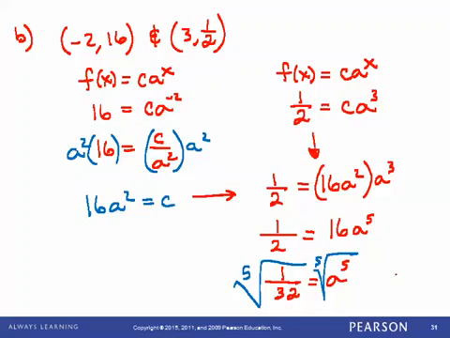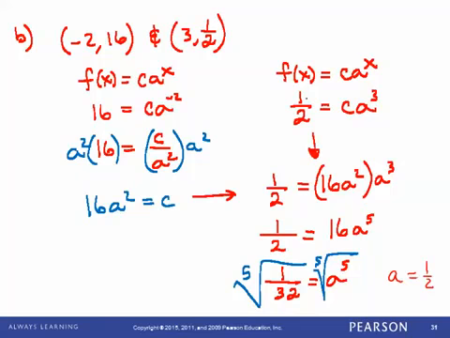So you tell me, what is a equal to? 1/2, isn't it? Because 1/2 times 1/2 times 1/2 times 1/2 times 1/2 is 1/32. Now, if it was the 5th root of 32, it would be 2, right? But it's the 5th root of 1/32.